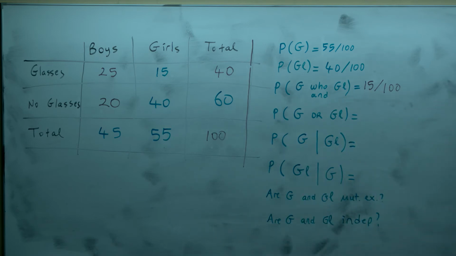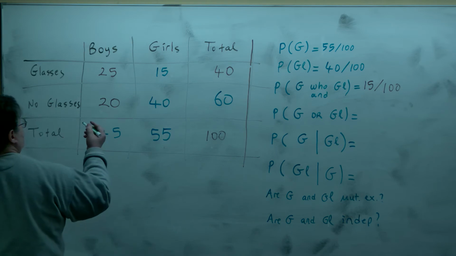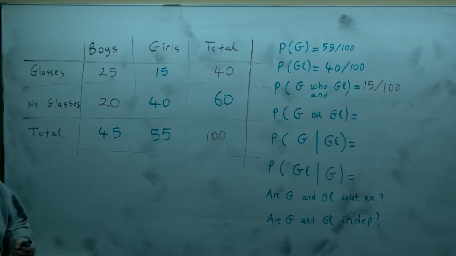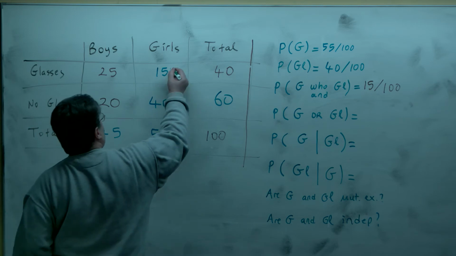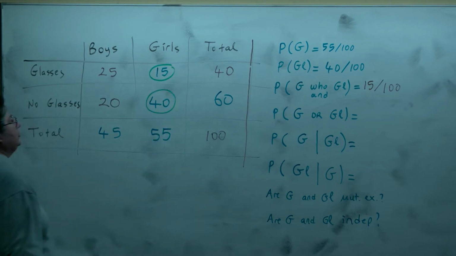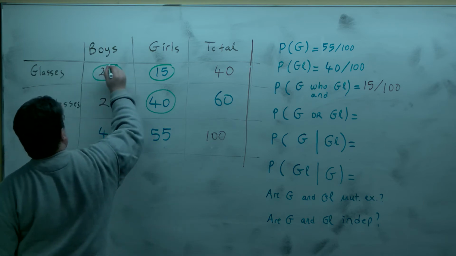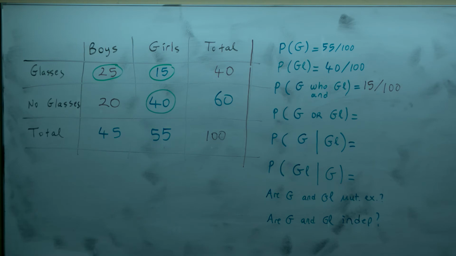Now this one is a tricky one. Girl or glasses? Now, in order to meet this condition, a student either has to be a girl, these two, or has to wear glasses, additionally, this one. Does it make sense?